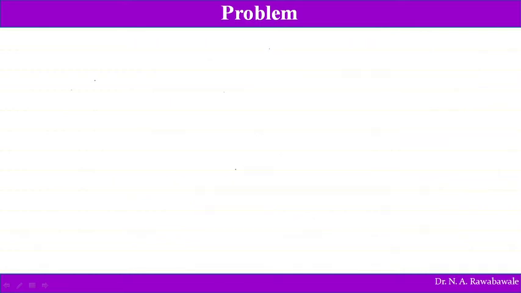So to find out the dryness fraction of steam at throat, we can equate entropy at 1 is equal to entropy at throat. Entropy at point 1, S1, we have already calculated.